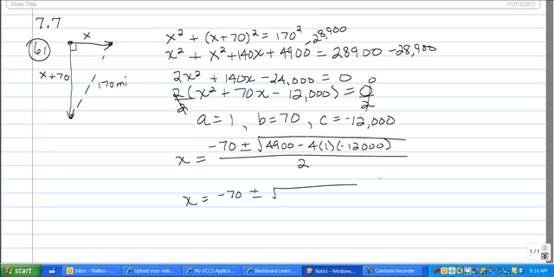Let me see if I can simplify what we have here. 4,900, negative times the negative is going to be plus 48,000.